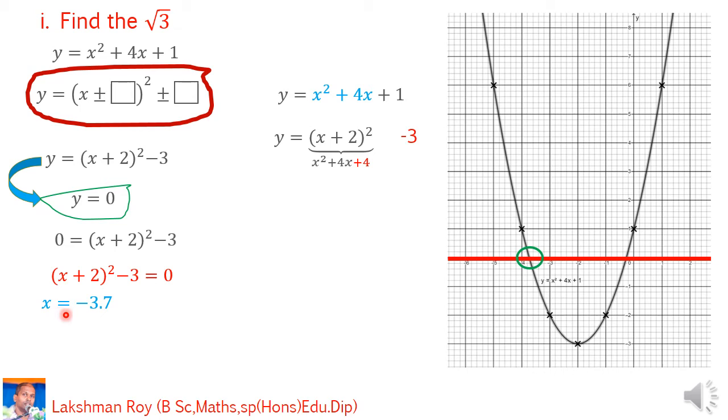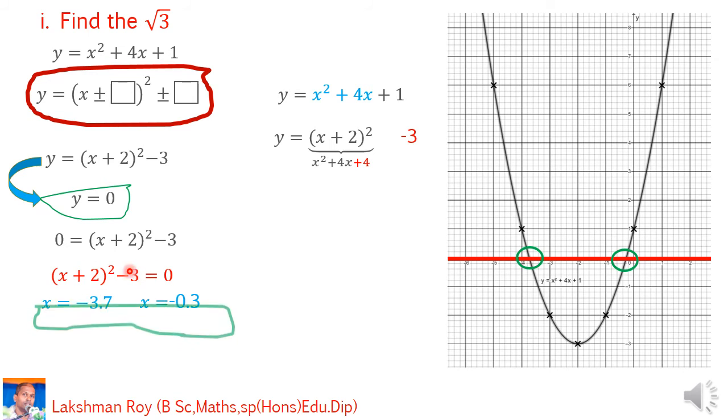You can read this value: x equals negative 3.7, and the other value is negative 0.3. These are the two roots of this equation, so the quadratic equation is satisfied by these two solutions.